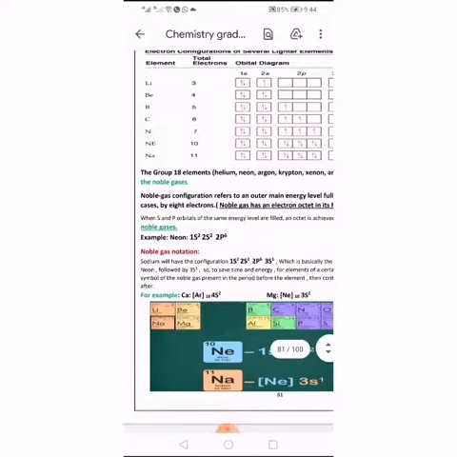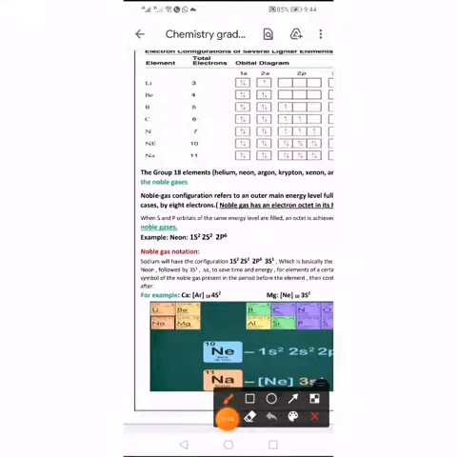Look, calcium, atomic number 20. We can use noble gas notation to write the electron configuration for calcium.